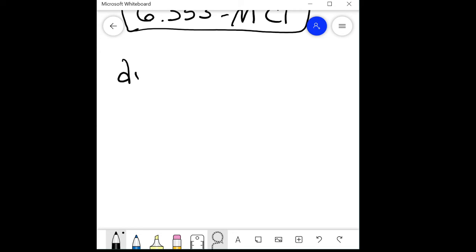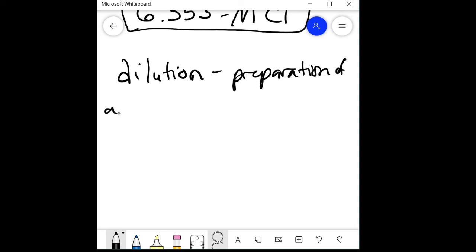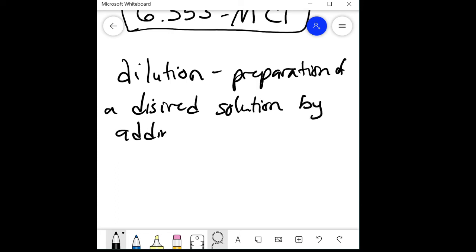So now this is dilution. So what dilution is? It is the preparation of a desired solution by adding water to a concentration.